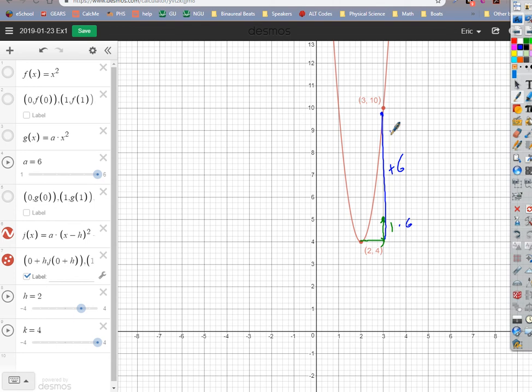So the shape is the same, right? So what we really could do, if we want to do this one time on graph paper, is put the vertex where we know it's going to end up, and then just pretend that that's the origin, the point 0, 0, to find out what the shape's going to be.